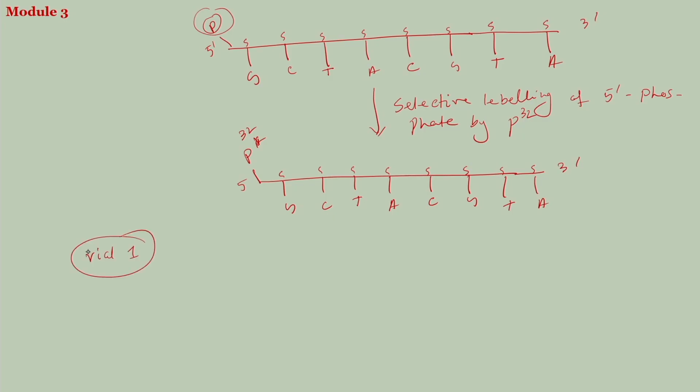Now, vial 1. So, first treatment is done with a chemical reagent that is known as dimethyl sulfate. I will show you the structure. This is sulfur, OCH3, OCH3. This is called dimethyl sulfate. I am giving an abbreviated name, DMS.